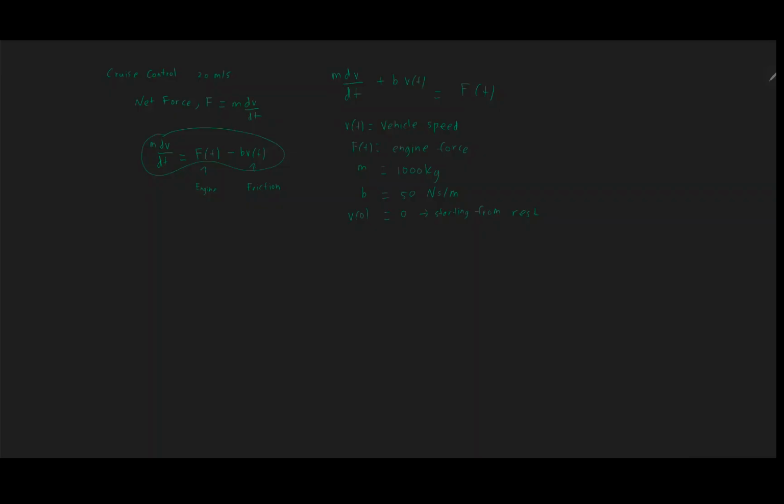To find the time constant, we divide throughout by m, so dv over dt plus b over m vt is equal to ft over m. And this is standard form, and b over m is equal to 1 over the time constant.